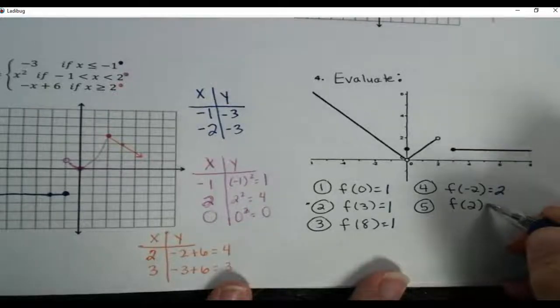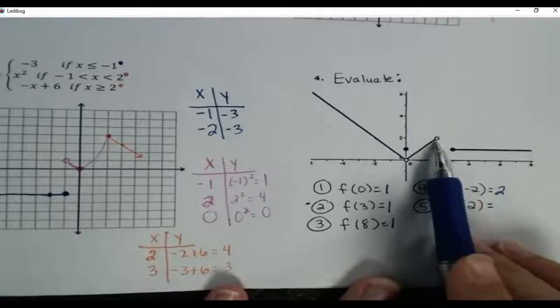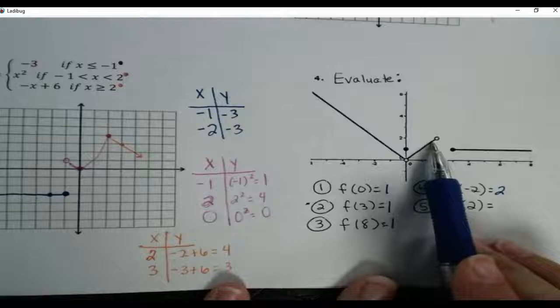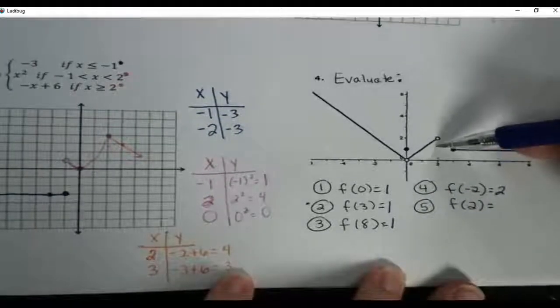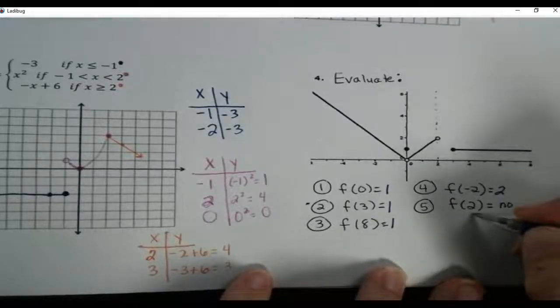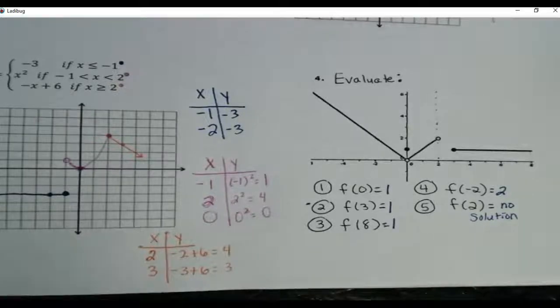What about regular old 2? Well, I have an open circle at 2. Well, if I'm at 2, there's nothing else here. So then again, it's just no solution. Or undefined. Questions? Okay, let's try some.